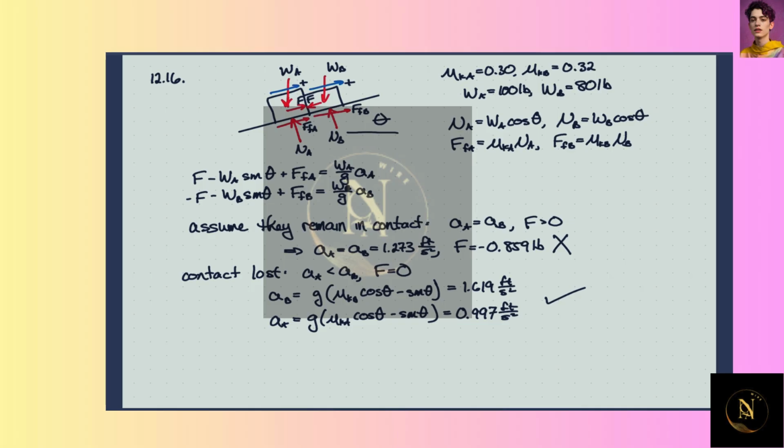Eventually you would expect that they slow down enough that they wind up moving at the same speed as the conveyor belt, and then they would start to stick, and we'd have to use a static coefficient of friction.